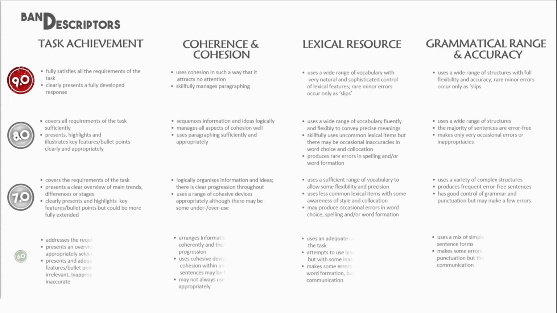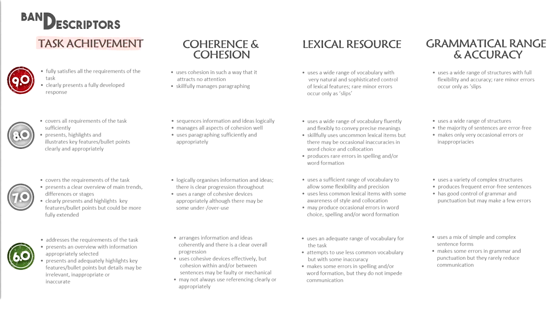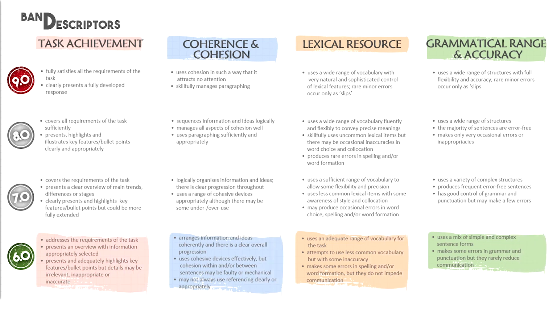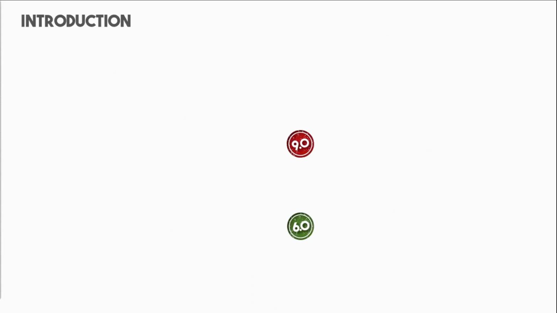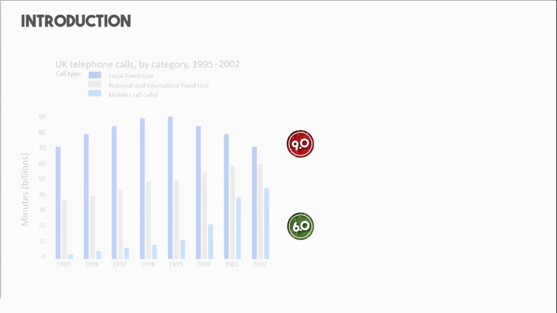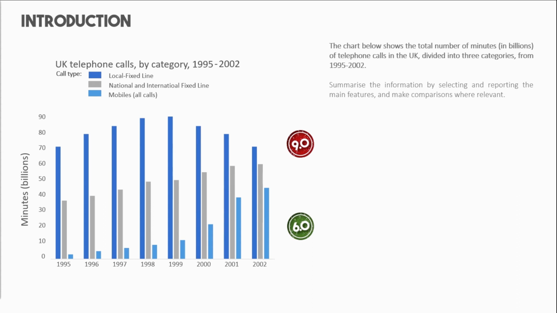We have to carefully consider the task achievement, coherence and cohesion, lexical resource, and grammatical range and accuracy. Looking at the illustration, we need to compare the band descriptors of 6.0 and 9.0. The detailed video about the strategies and examples of writing an introduction and an overview is in a separate video.